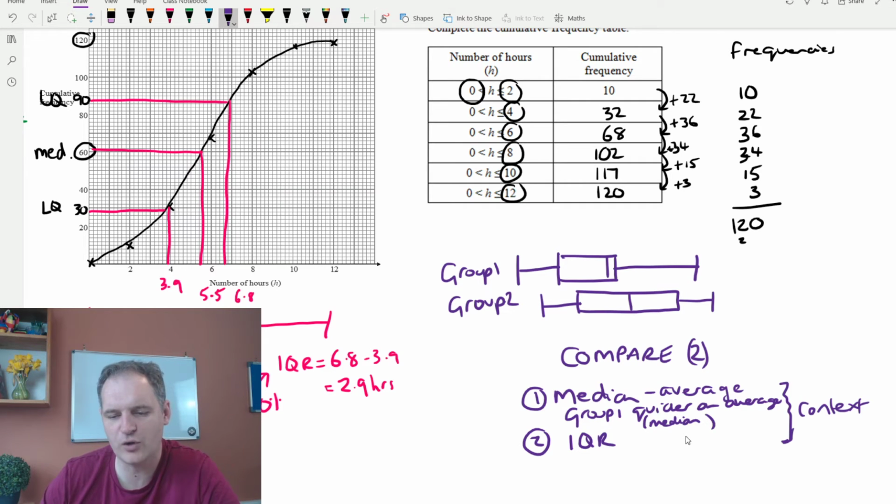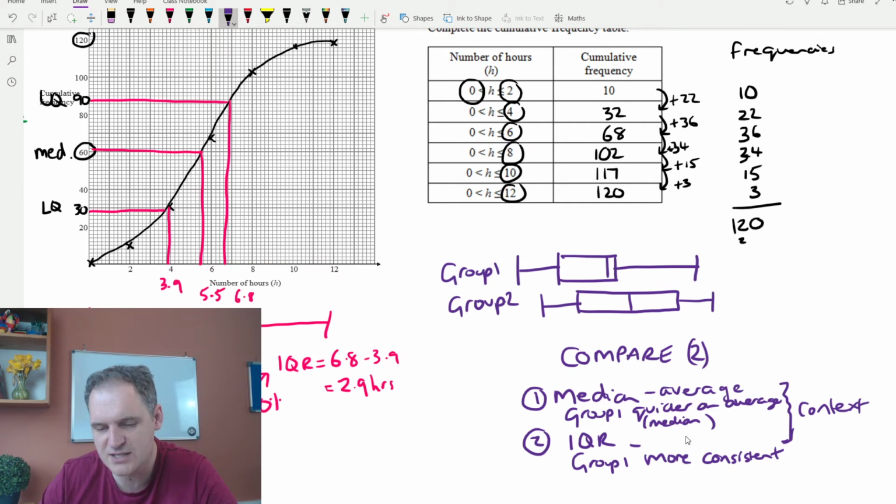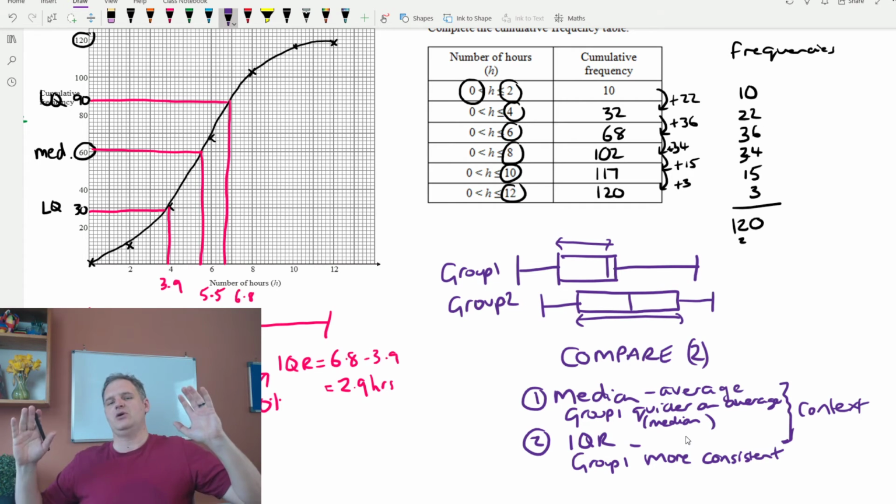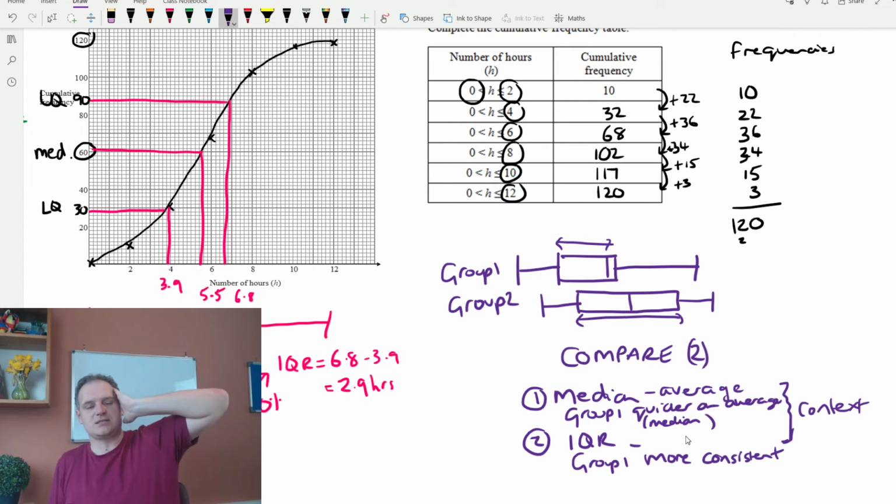And then IQR, we would say the interquartile range, group 1 was more consistent. The interquartile range, or the range at all, tells you about consistency. It's more consistent because it's got a smaller box. The bigger the box, the more spread out the data is, which is why it's less consistent.